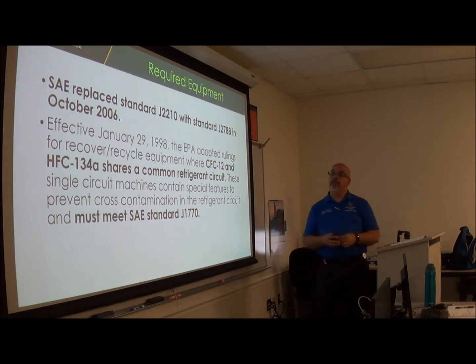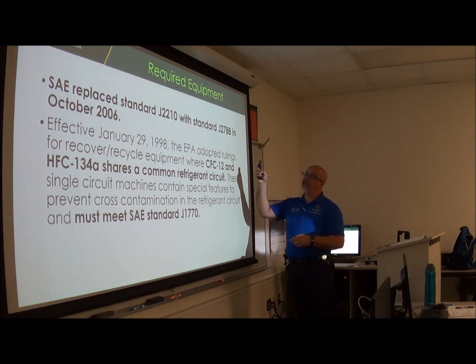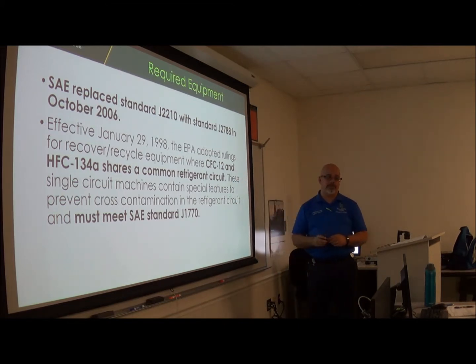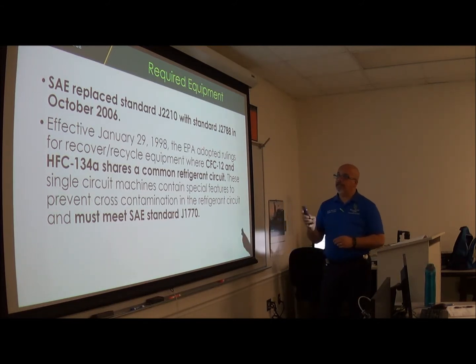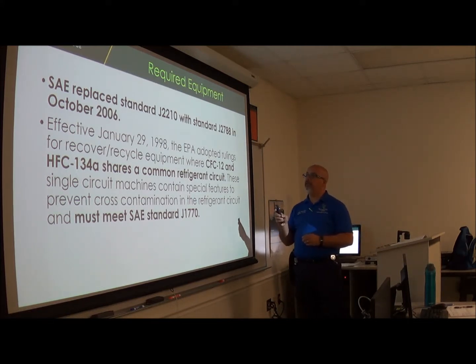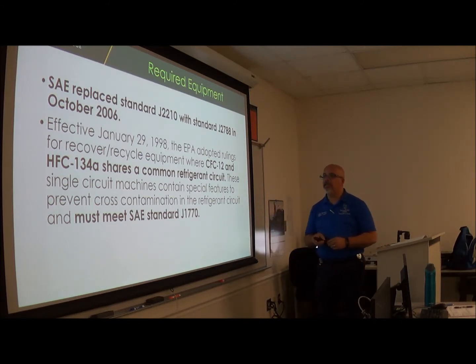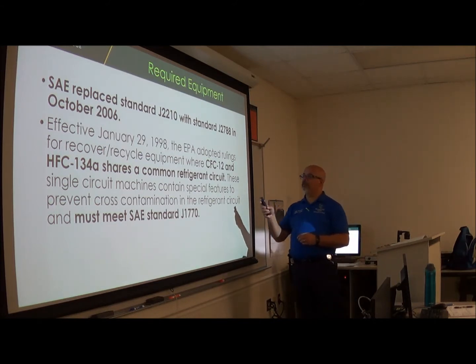So, SAE replaced standard J2210 with standard J2788 in October 2006. Effective January 29, 1998, the EPA adopted a ruling for recover recycle equipment where CFC 12 and HFC 134A share a common refrigerant circuit.